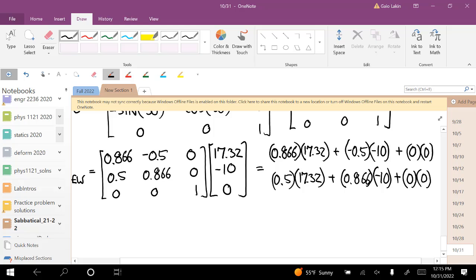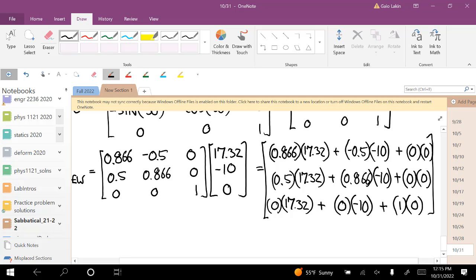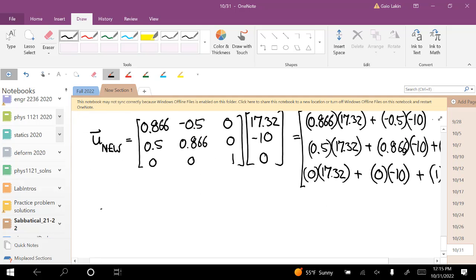And for the third one, you get 0 times 17.32, plus 0 times negative 10, plus 1 times 0. And that gives you the vector 20, 0, 0. Any questions about that?